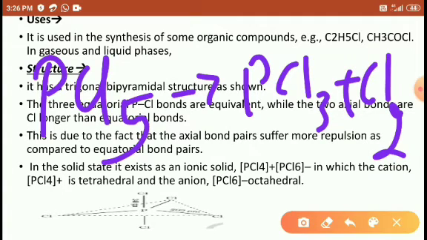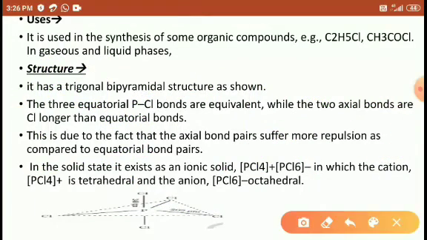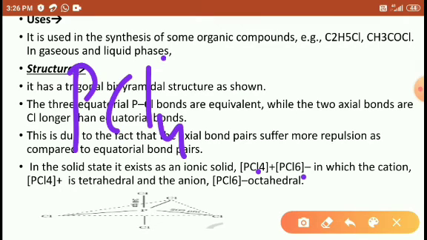It never forms PCl4; PCl5 dissociates to form PCl3. Right, students?